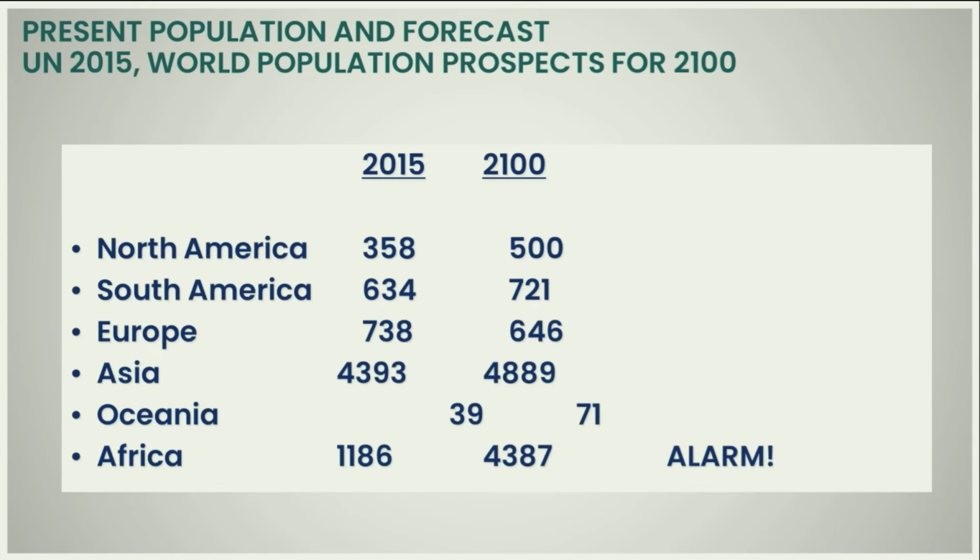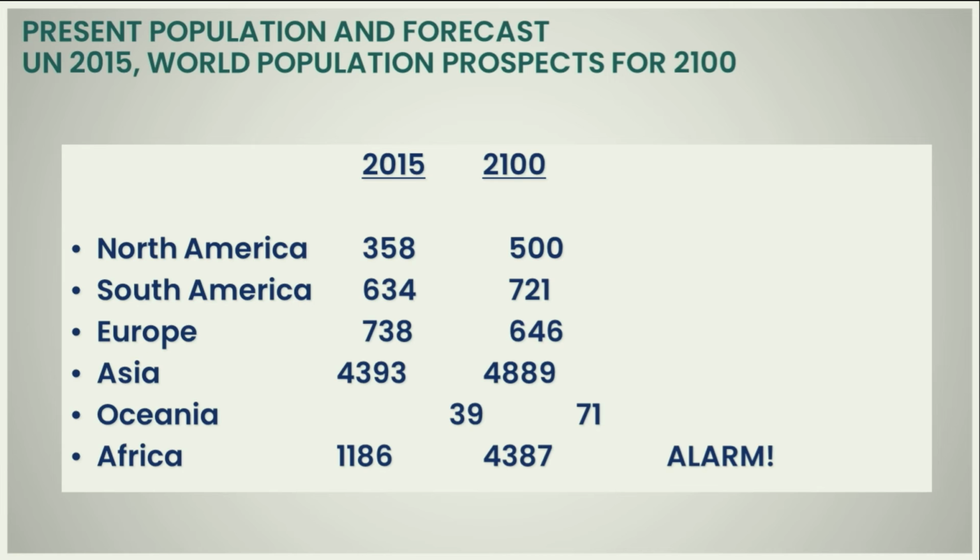Now, the effect is going to be greatest in Africa. The UN did an analysis of what we can expect the population of different parts of the world to be by the end of this century. And we see most regions have an increase in population.